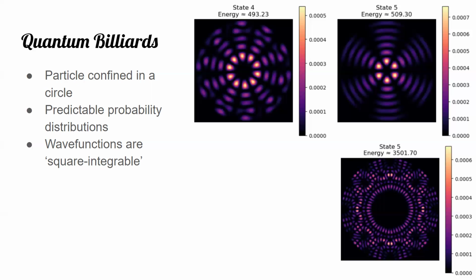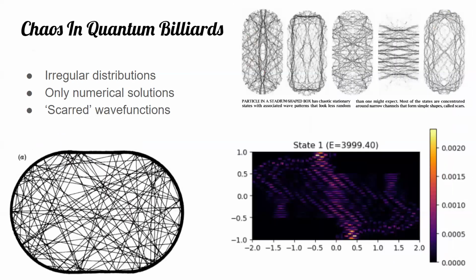However, just like with our Bunimovich stadium shape in classical billiard balls, in our quantum billiards, we get irregular probability distributions when we confine our quantum particle into a Bunimovich shape with our Dirichlet boundary conditions. And we get a couple of weird effects that we're going to talk about.